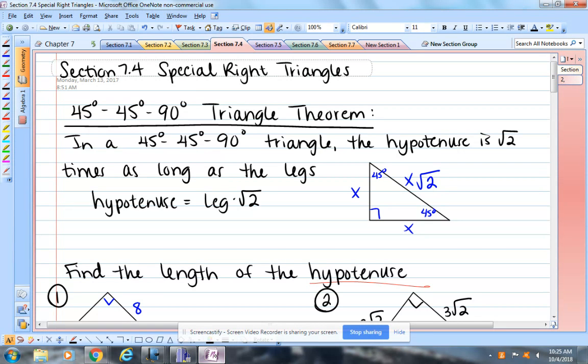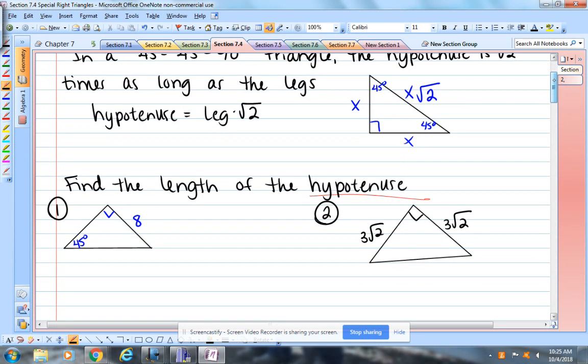And to get the hypotenuse, you just multiply the length of the legs times the square root of 2. Okay? Memorize that triangle. The legs are x, and the hypotenuse is the length of the leg times the square root of 2. Memorize it.